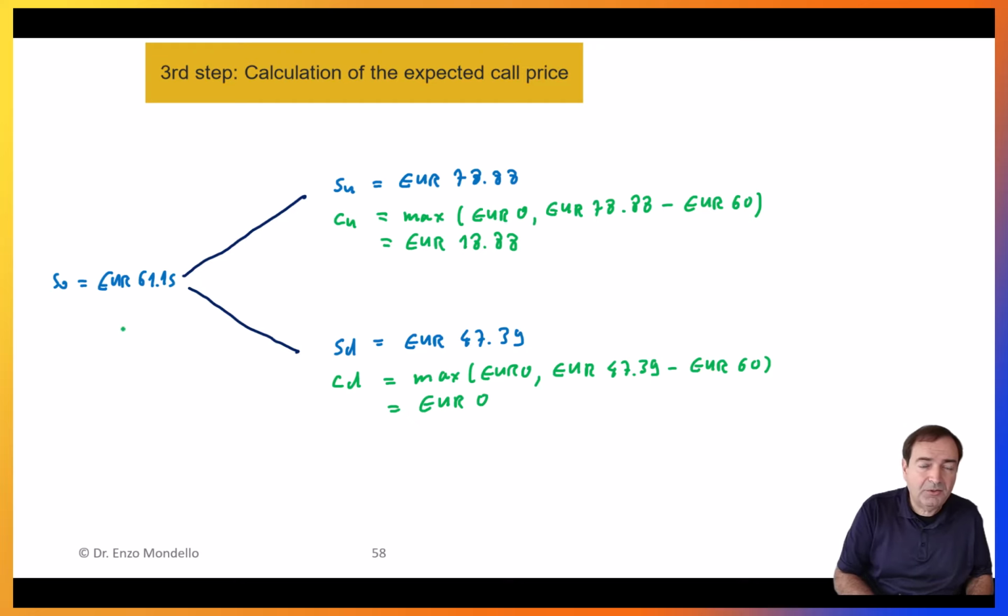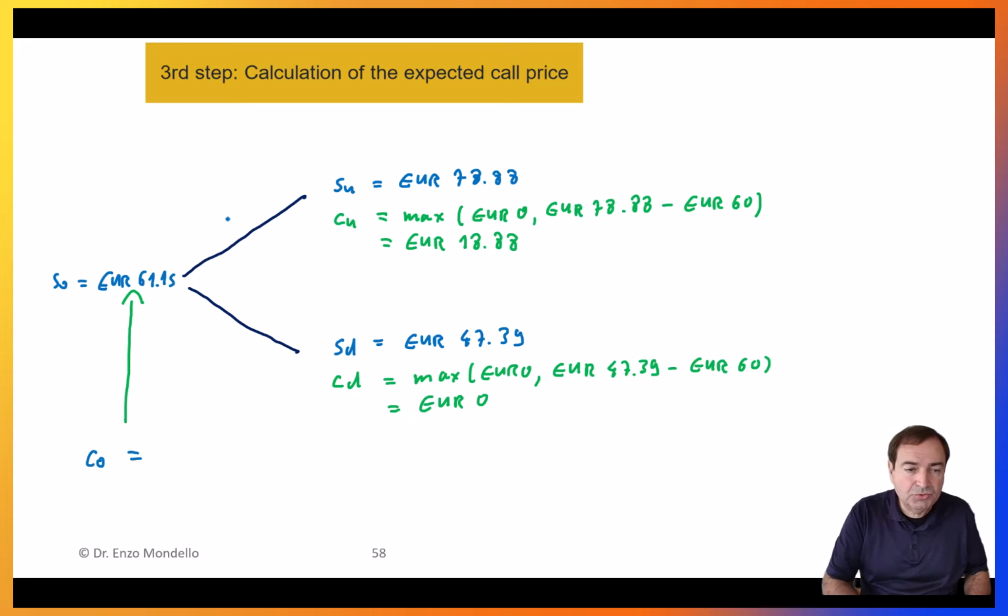And now we can calculate the expected call price on the valuation date. To calculate the expected call price, we can take the risk-neutral probability of an up move times the call price after an up move plus the risk-neutral probability of a down move times the call price after a down move.